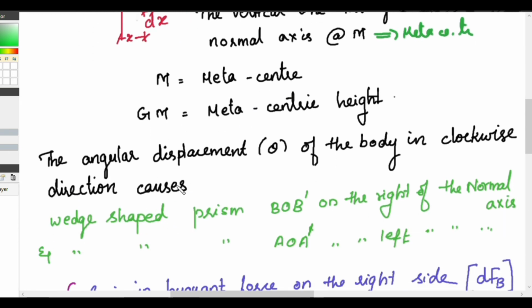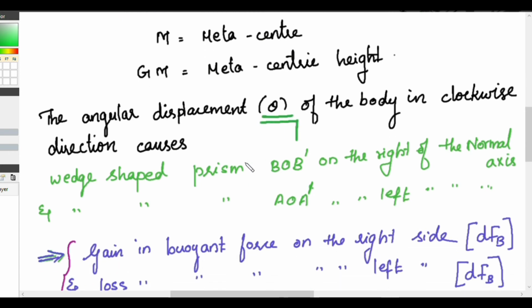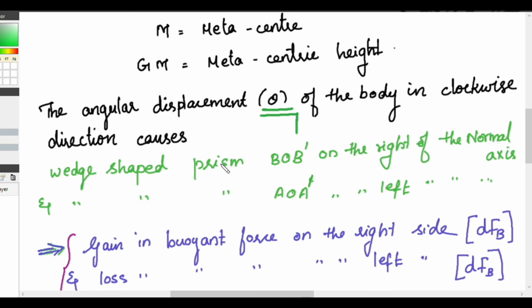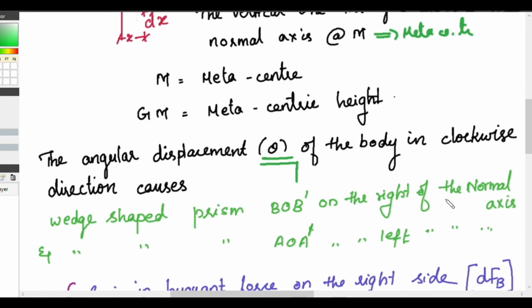Now, you are giving an angular displacement, tilting the body to an angle theta in the clockwise direction. So what happens is a wedge-shaped prism BOB dash on the right of the normal axis is formed and a wedge-shaped prism AOA dash on the left of the normal axis is formed.